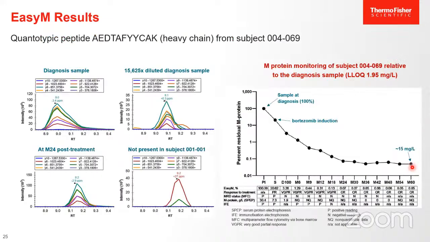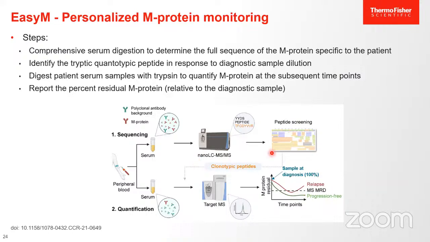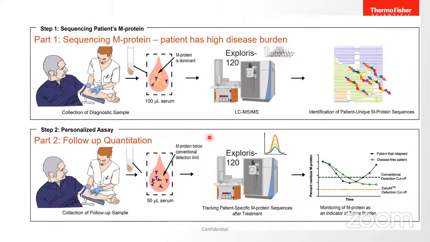So this was an earlier study run on a very high-end platform, but over a period of time, with the advancement of science, the platform has shrunk. Now this can fit into 2.5 feet by 2 feet of bench space. Again the process remains the same. You take a blood sample, do the sequencing to get the patient's unique M protein sequence, and then you quantify it, and you can see whether it is coming below the threshold or going up.